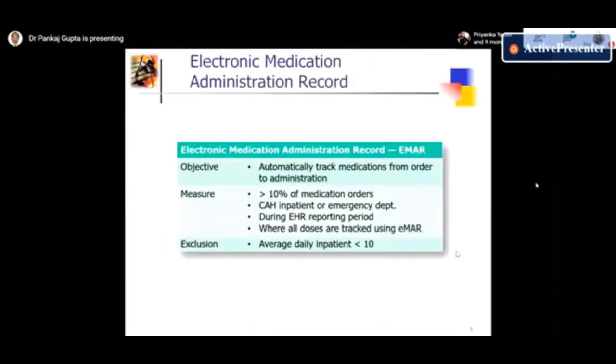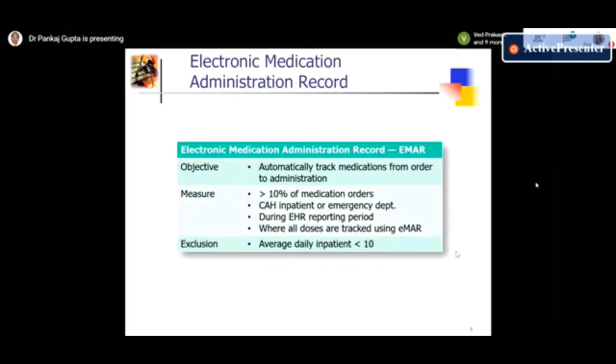Similarly, electronic medication administration automatically tracks medications from order to administration, which is nothing but BCMA. The measure is that more than 10% of medication orders go through the entire BCMA cycle.